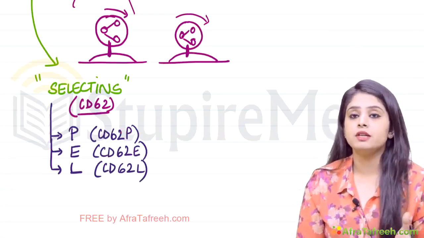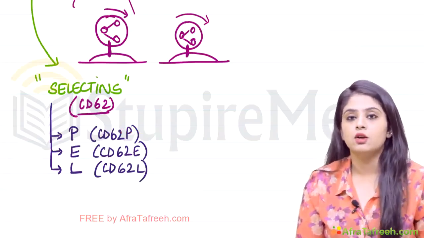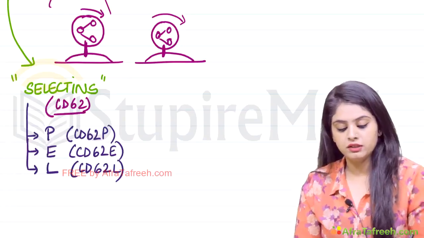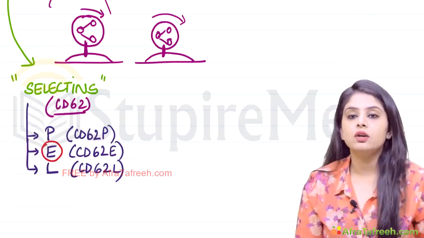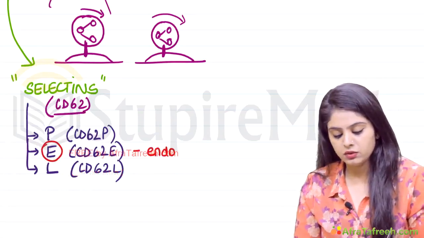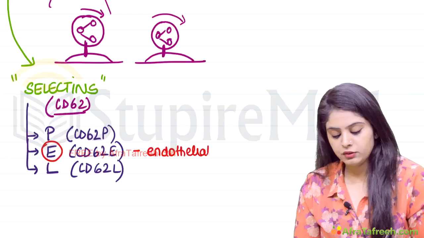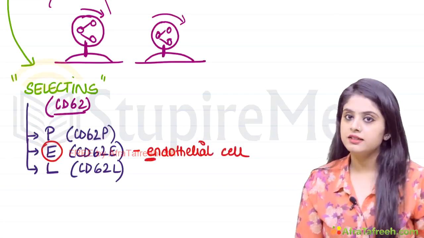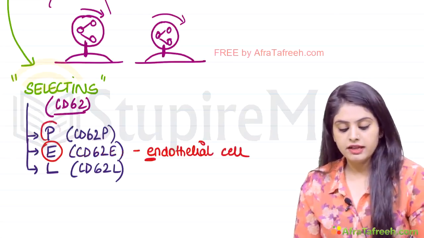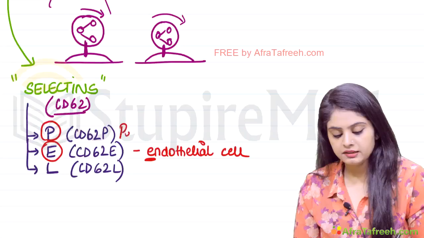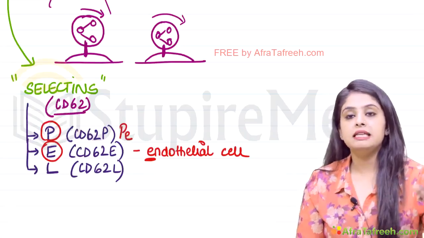The question comes over here because this is a slightly confusing concept. First of all, if you focus on the term E, why is it called E-selectin? Because this selectin is present on the endothelial cell. So E for E-selectin, E for endothelial cell. The next is P. I can also write P as the way you say P, PE.